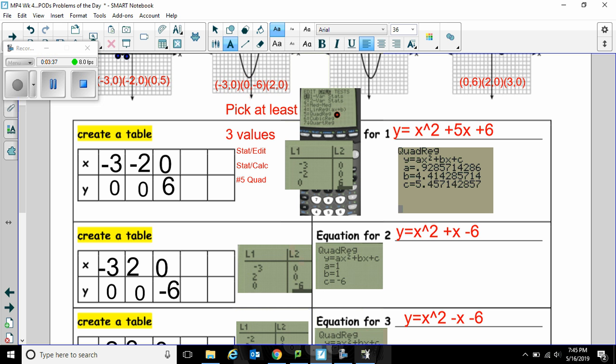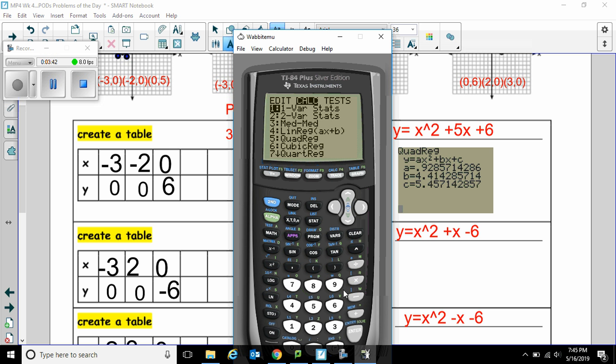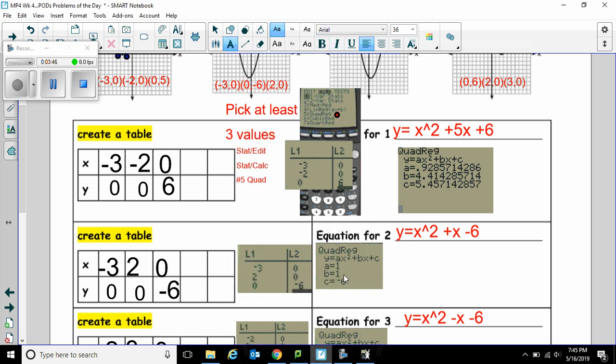I'm going to hit Stat, Calc, 5, and realize that my quadratic regression is going to give me A is 1, B is 1, and C is negative 6. And again, A goes in front of x squared, B goes in front of x, and C comes last, and that's what my C would look like.